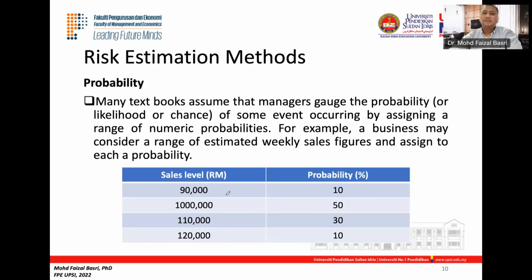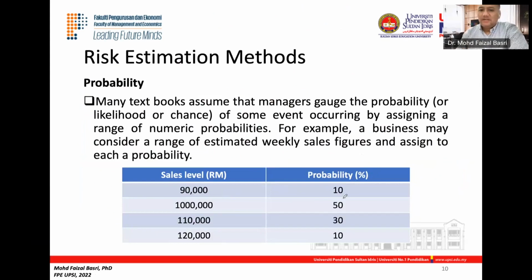For example, the one that is commonly used as well is probability. Many textbooks assume that they just gauge the probability, likelihood or chance using a percentage. For example, a business may consider a range of estimated weekly sales figures and assign a probability to each.